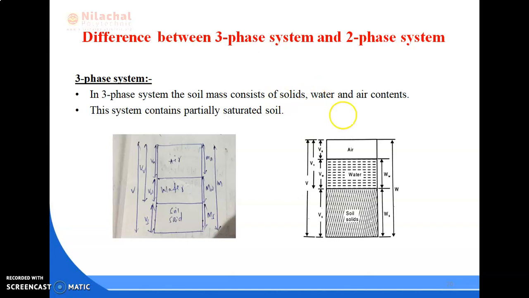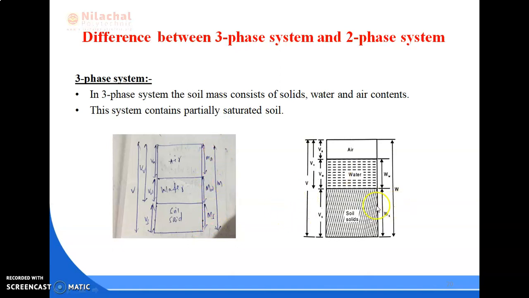So this is the three-phase diagram, in which the lower part is the soil solid, water, air. On the left part we show all the volumes: Vs, Vw, Va, this is Vv and V is the total volume. And on the right side we show all the masses, that means the mass of solid, mass of water, mass of air and total mass.